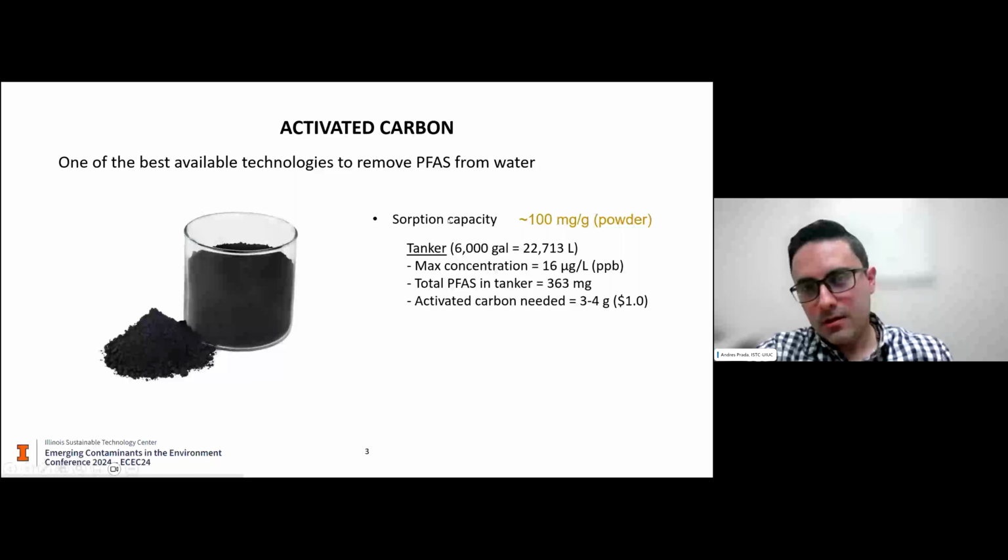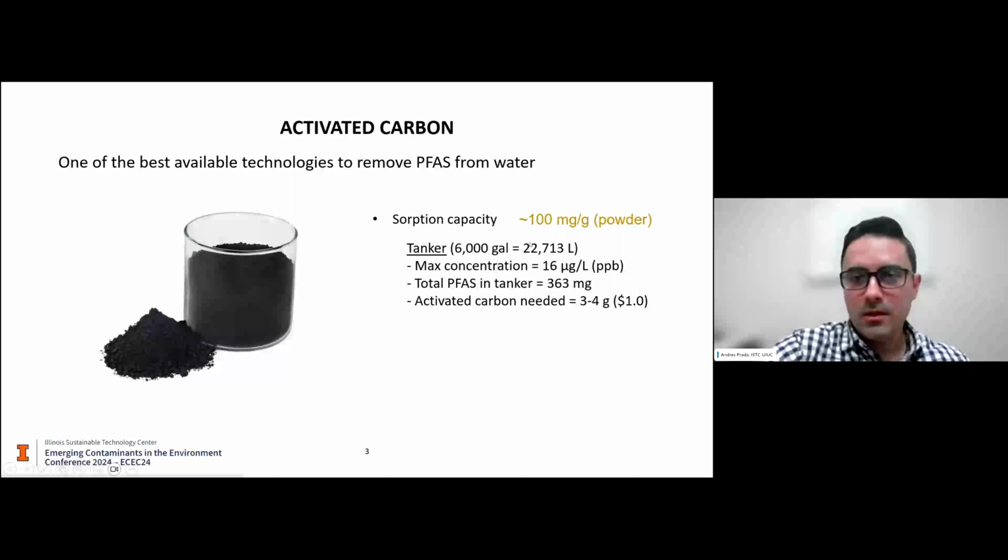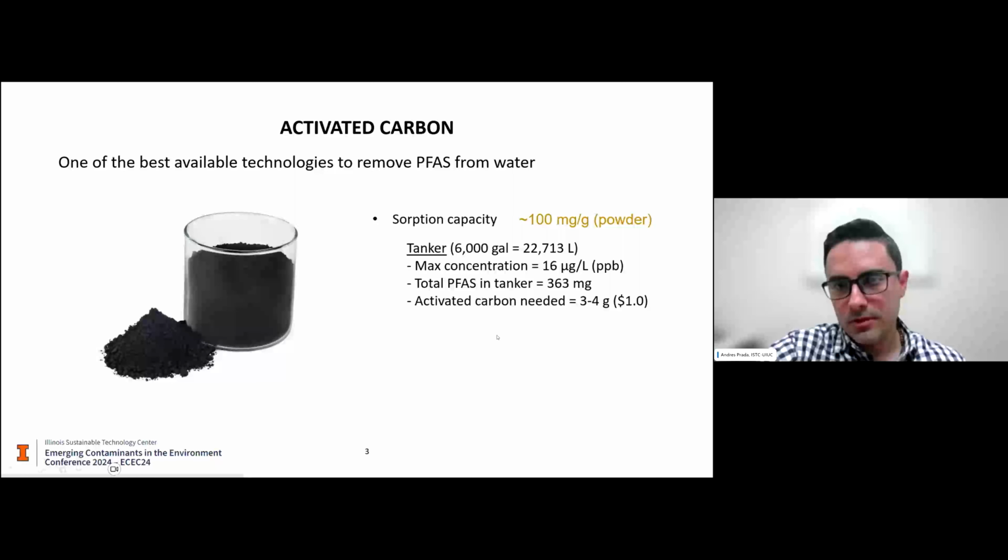If we think of treating a volume like the tanker, 6,000 gallons, which is around 22,000 liters, and then we multiply by the maximum concentration that we measured, in the tanker we can find 300 milligrams of PFAS. In theory, we should be able to remove that with only 3 to 4 grams of activated carbon, which costs around $1, which is crazy.